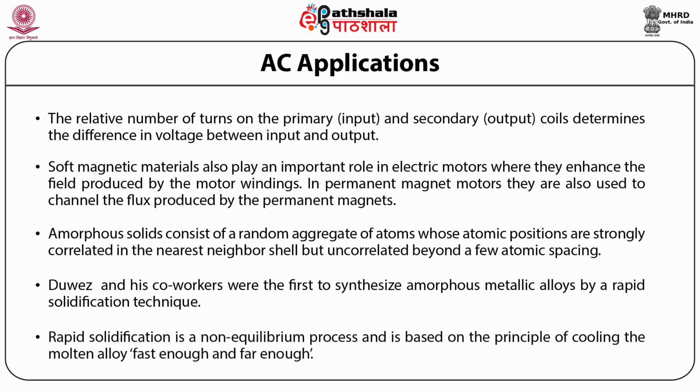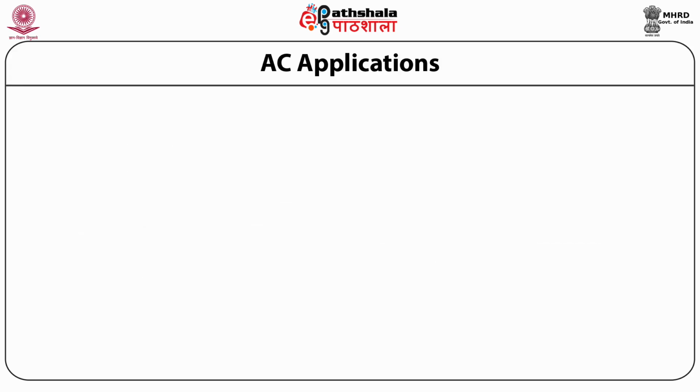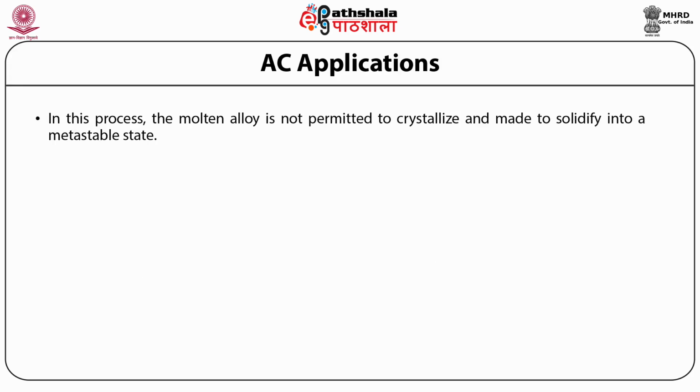Rapid solidification is a non-equilibrium process and is based on the principle of cooling the molten alloy fast enough and far enough. In this process, the molten alloy is not permitted to crystallize and is made to solidify into a metastable state.